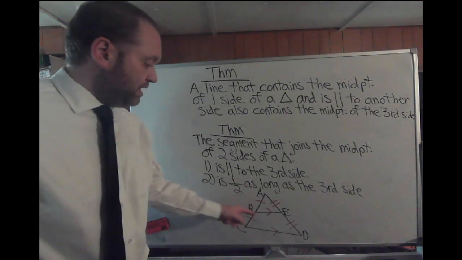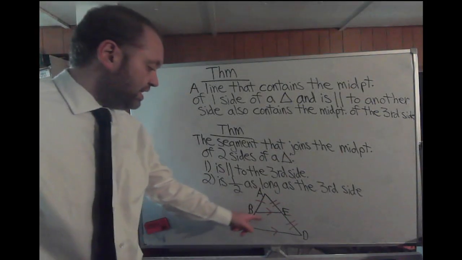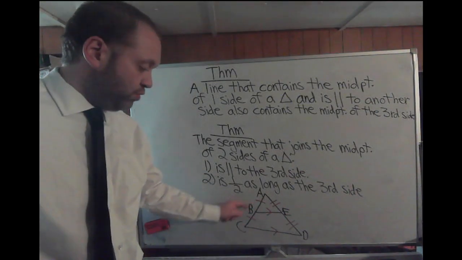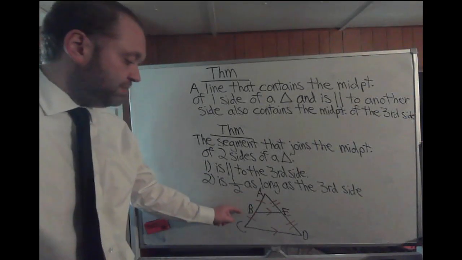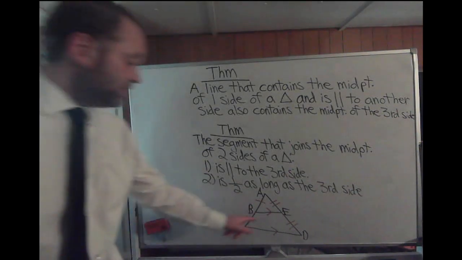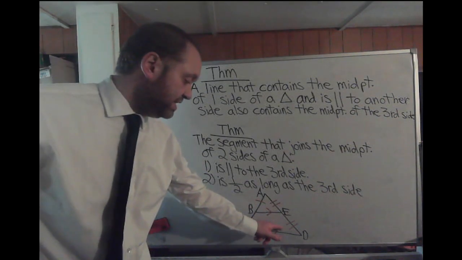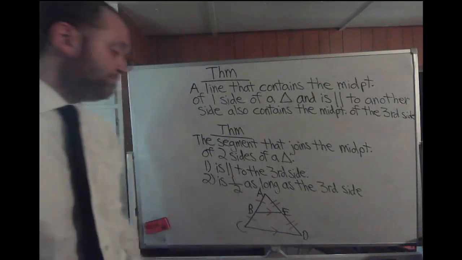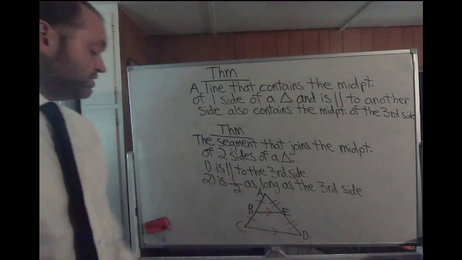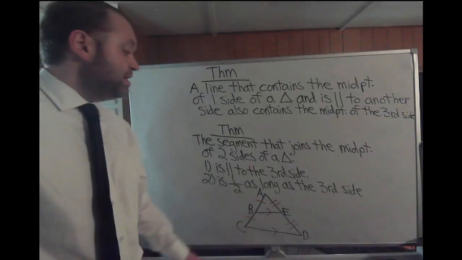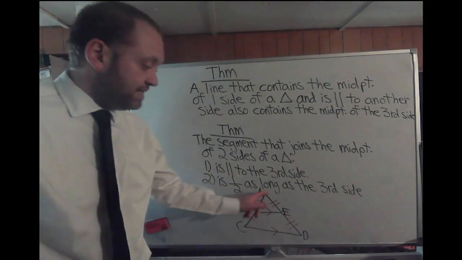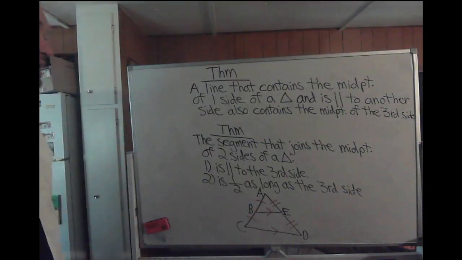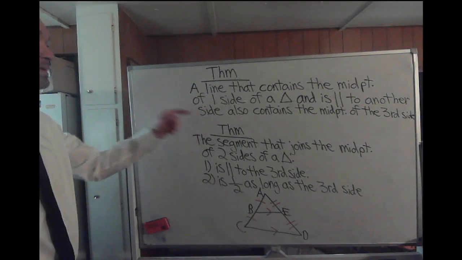Line segment BE contains the midpoint of AC. B is the midpoint of AC, so AB and BC are congruent. It's also parallel to the base of the triangle, CD, so it's parallel to the other side, which means it contains the midpoint of side AD. So that means AE would be congruent to DE. That's all that theorem states.